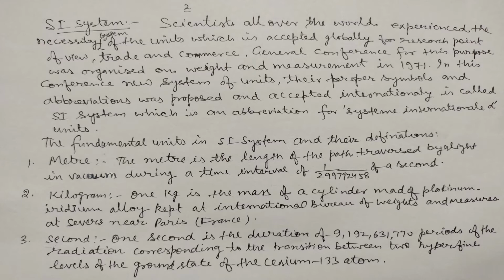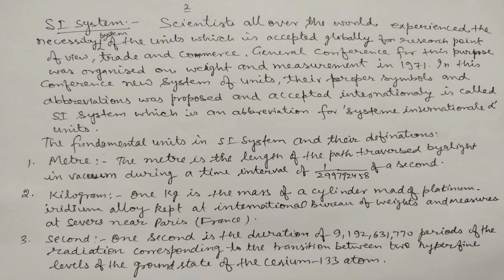If we want to understand what the SI system is: in 1971 the scientists all over the world felt the necessity of a system which could be accepted globally, from the research point of view and for trade and commerce, so that the system of units is the same all over the world.